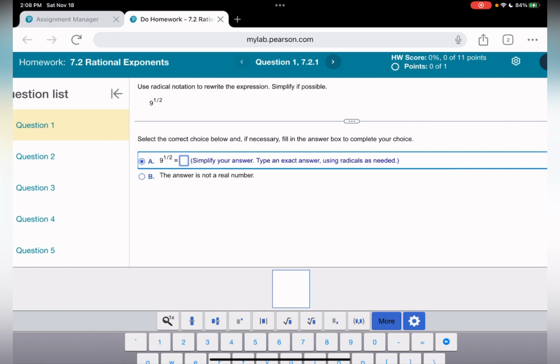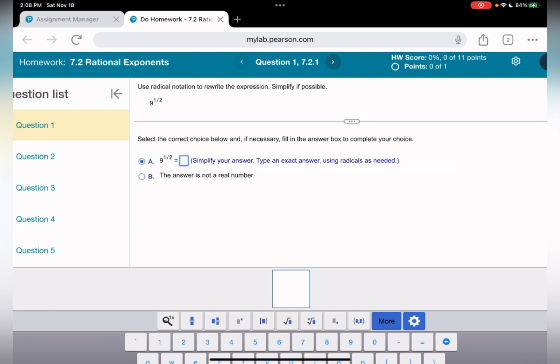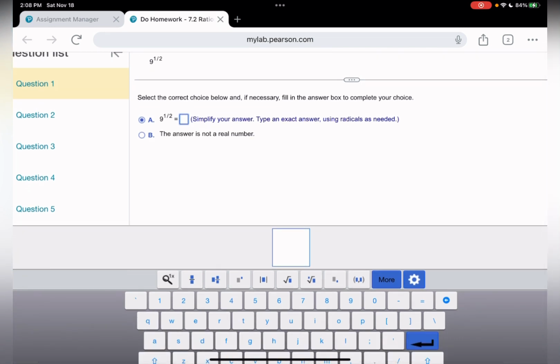So 9 to power 1/2, I'll just do drafting right here and then I'll clean it. 9 to power 1/2 means square root.